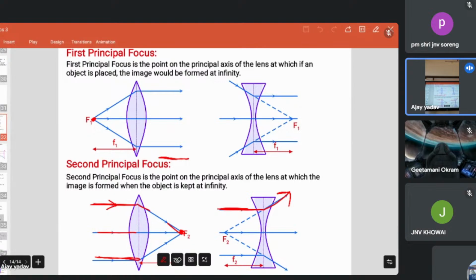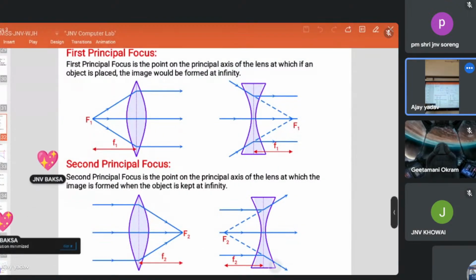Reverse of this. So they are reverse to each other. This is the principal focus.